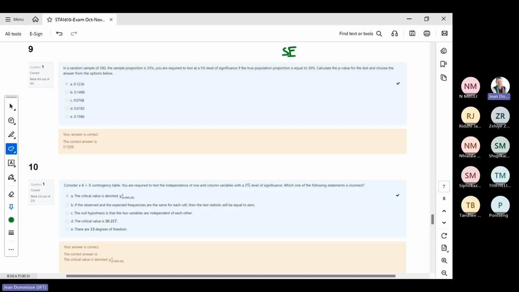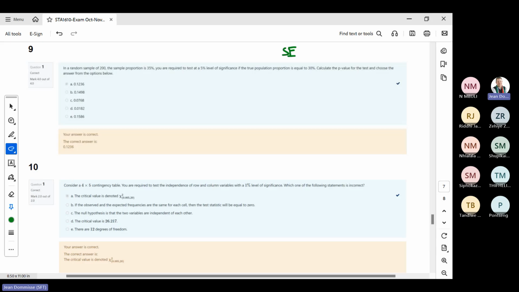Yes, I did share the formula sheet, but I will share that again tonight as well. The summary notes and the formula sheet, I will share both on our WhatsApp group tonight. Let me quickly see if I can share it in the chat as well.